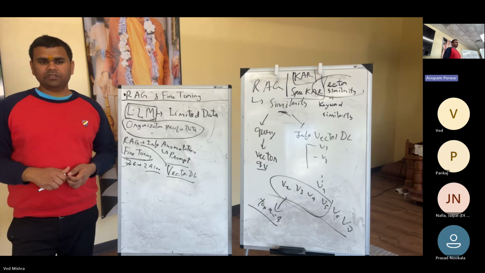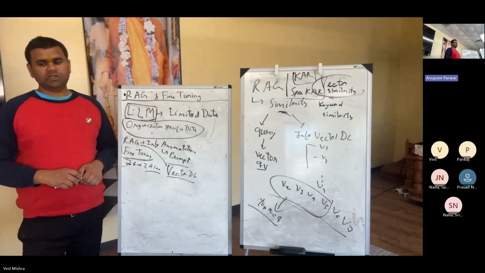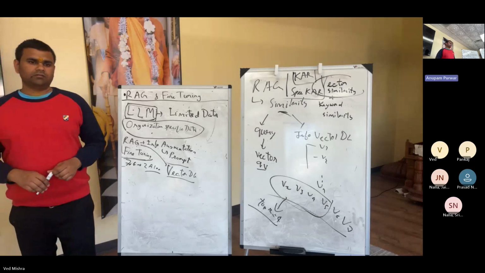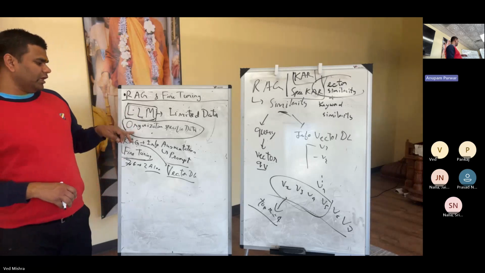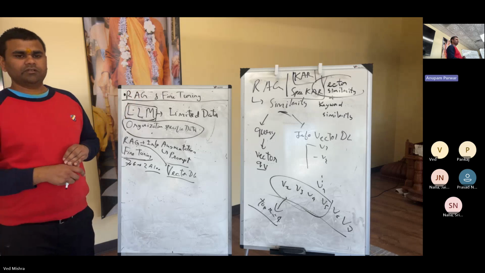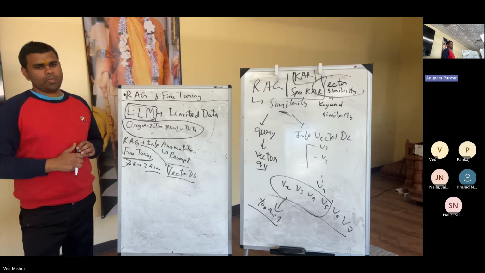Then we can do fine tuning or we can do RAG. You can use either technique to improve the LLM, for giving the LLM additional context. We can give it via RAG or via fine tuning.